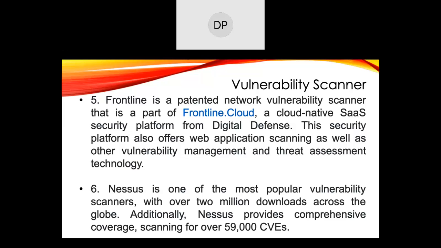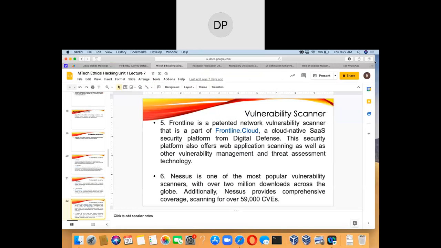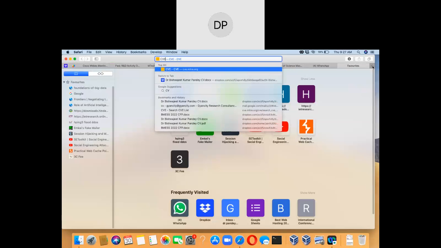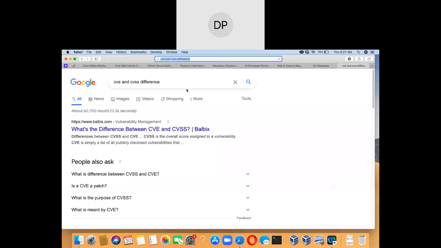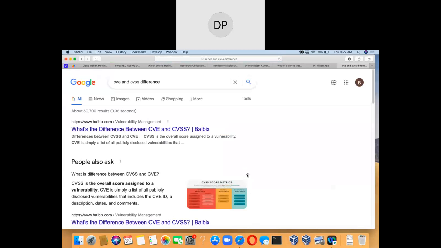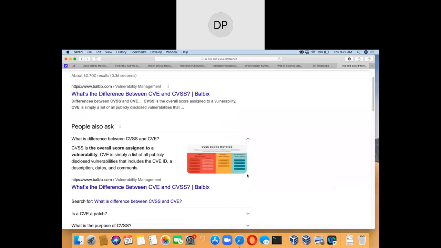What is CVE? And what is CVSS? So the difference is nothing here.